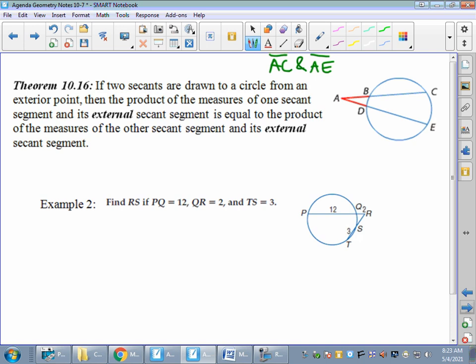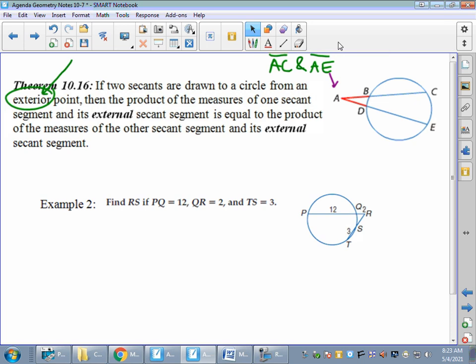It's an exterior point outside the circle. So we're looking for where those segments intersect. They intersect outside the circle. They happen to be called secants. If those two secants are drawn to a circle from an exterior point, like point A, then the product of the measures of one secant segment and its exterior secant is equal to the product of the measures of the other secant segment and its external secant segment.